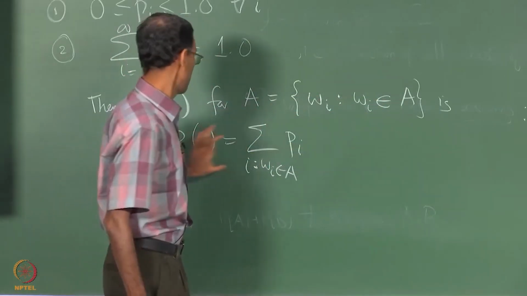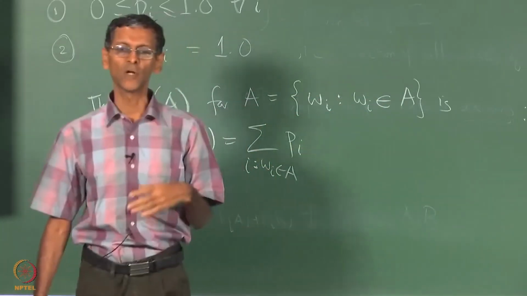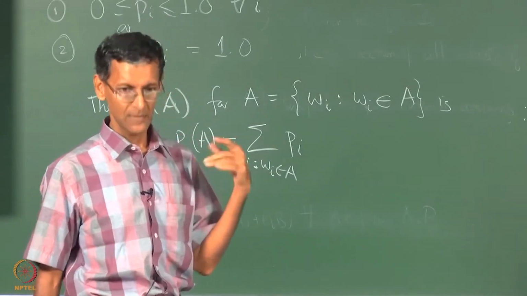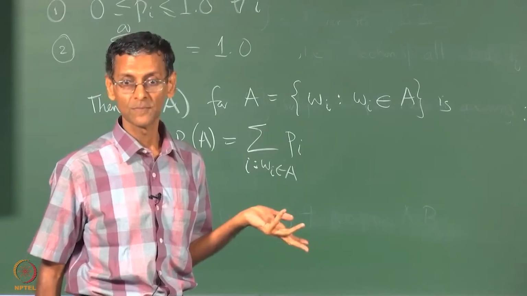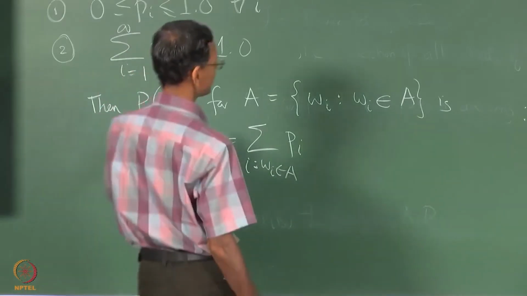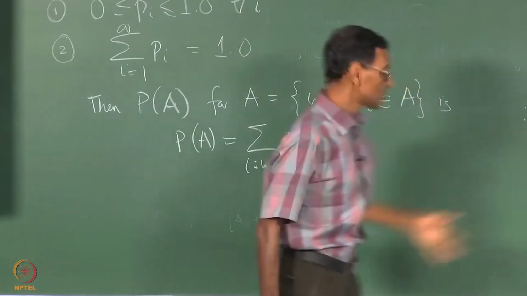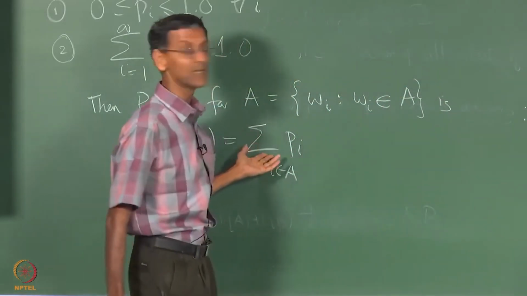After all, what is A? A is the union of all the elementary events corresponding to the omega i's that belong to A, and that has to be obtained as an addition according to the axioms we have just written down. So therefore that addition is here.